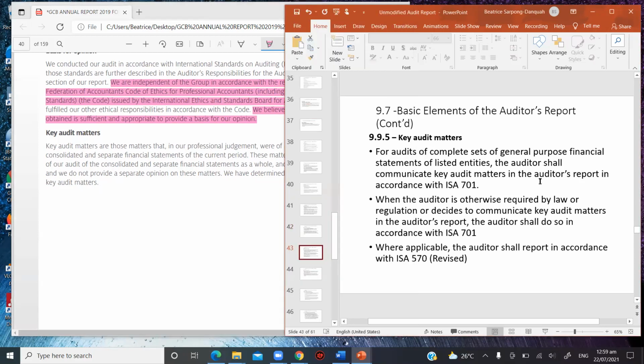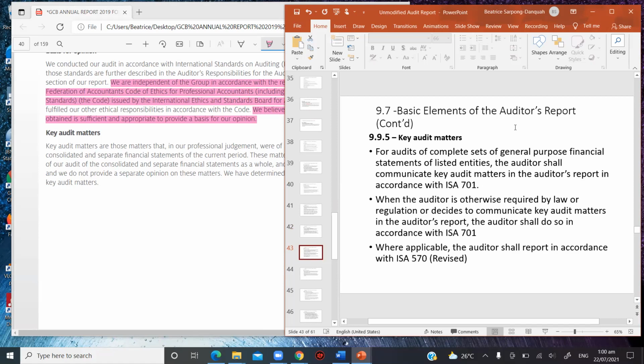Remember, before the 2017 amendment of the basic elements or the format of the modified audit report, there were no key audit matters. There was nothing like that. Key audit matters come from ISA 701. So the birthing of ISA 701 is what comes with key audit matters. Before, there wasn't anything like that.